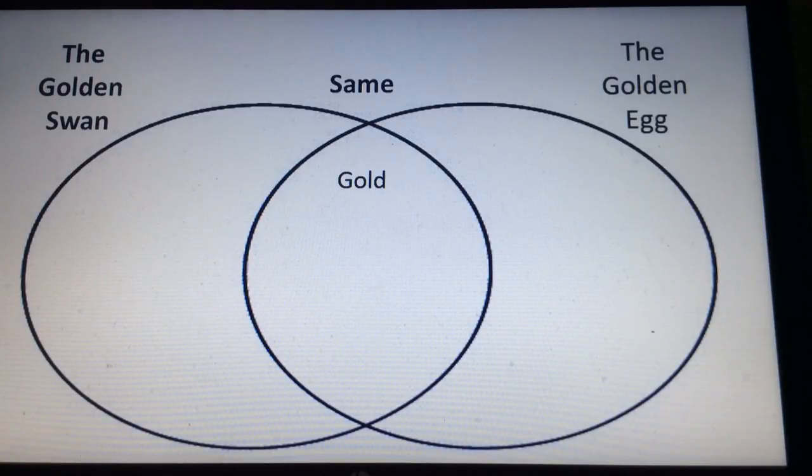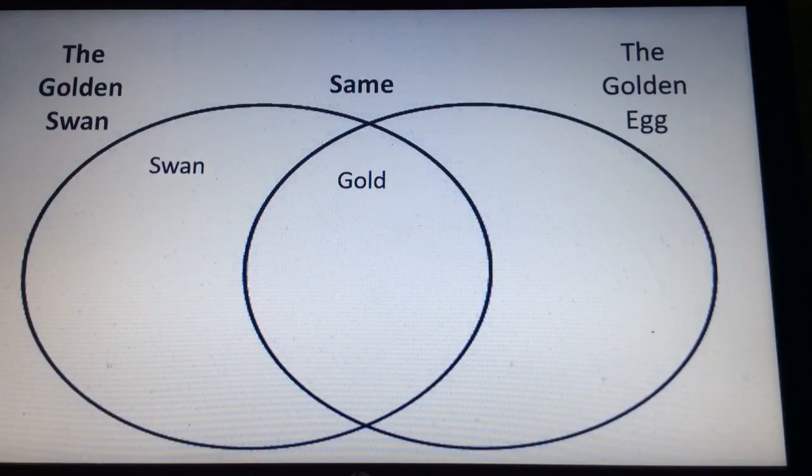Now, we've learned that in folk tales, we have animal and human or people characters. Let's think about the animal characters first. Can anyone tell me what is the main animal character in the Golden Swan? Aha, very good. It was a swan. Who knows the main character of the golden egg that's an animal? What kind of animal did we have in the golden egg?